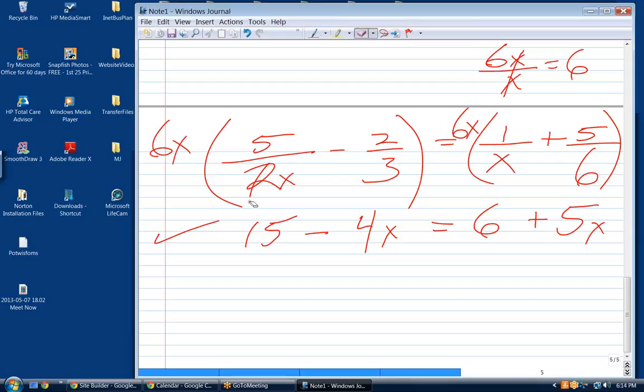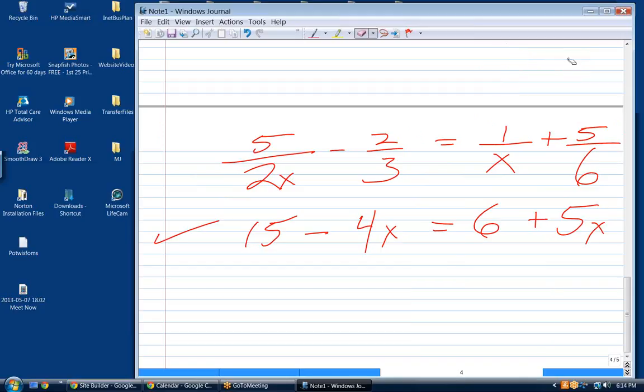Let's go back a step. Make sure you understand where I got the 6x from. This is what we started with. How is it that 6x and only 6x, well, 12x would also eliminate them, but obviously whatever I multiply both sides of the equation by has to have an x in it, because that's the only way I'm going to get rid of this x here and this x over here.